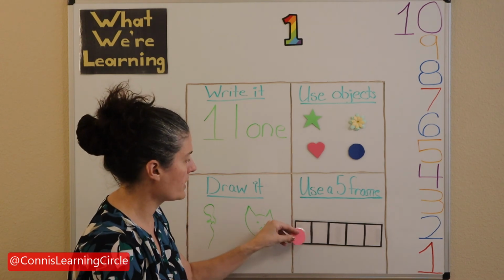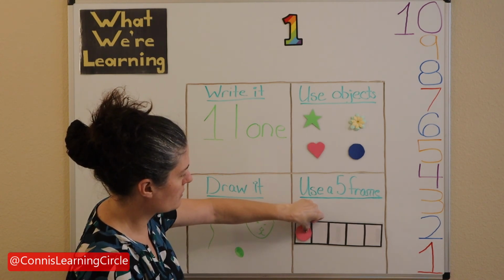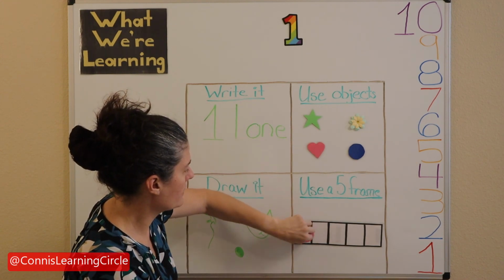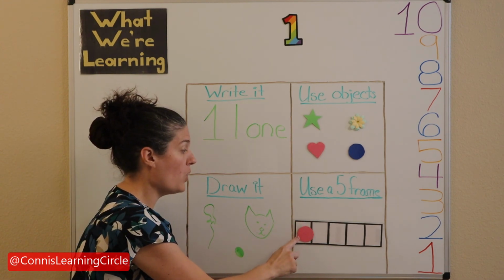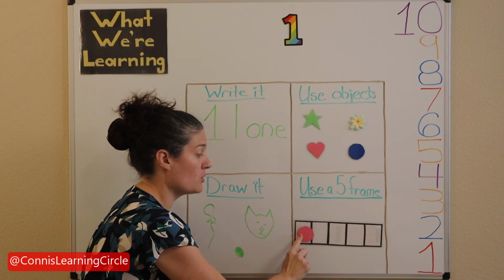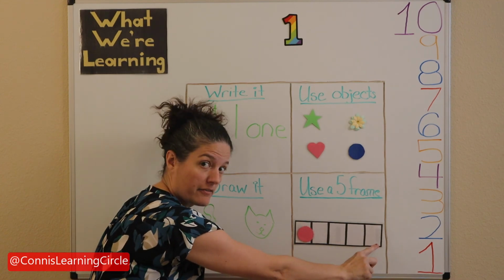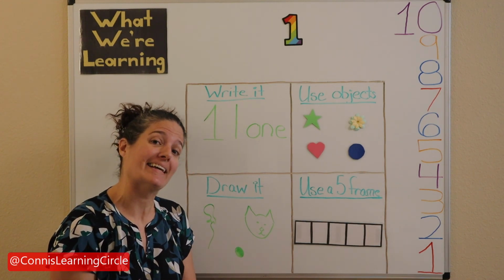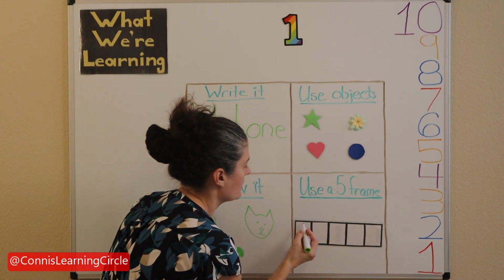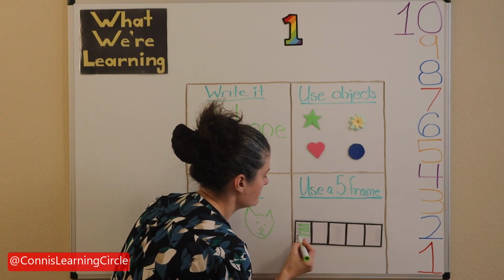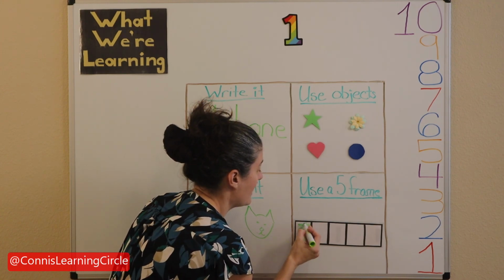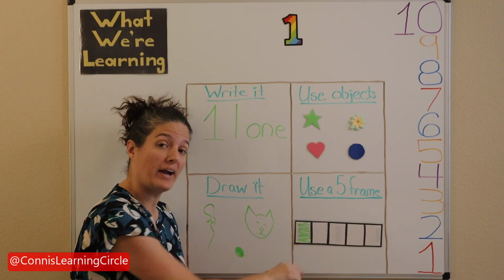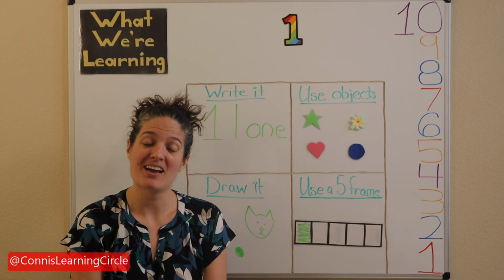I can use my 1 dot and I put it right there. I have 1 because there is only 1 on my 5 frame. Or I can color it in like this. And I can see that I have 1 green square on my 5 frame.